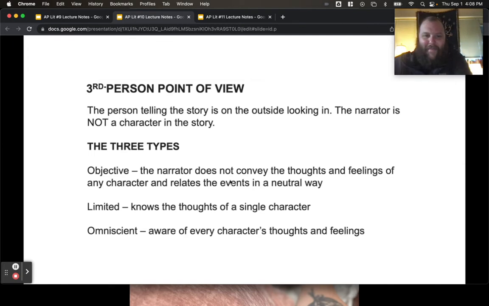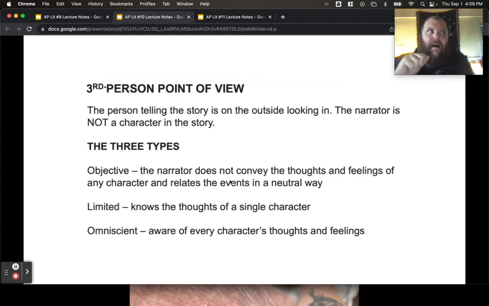A limitation is that there can be a lack of empathy or emotion or feeling, these things that a first-person point of view offers us. And then the limited point of view is very, very close.